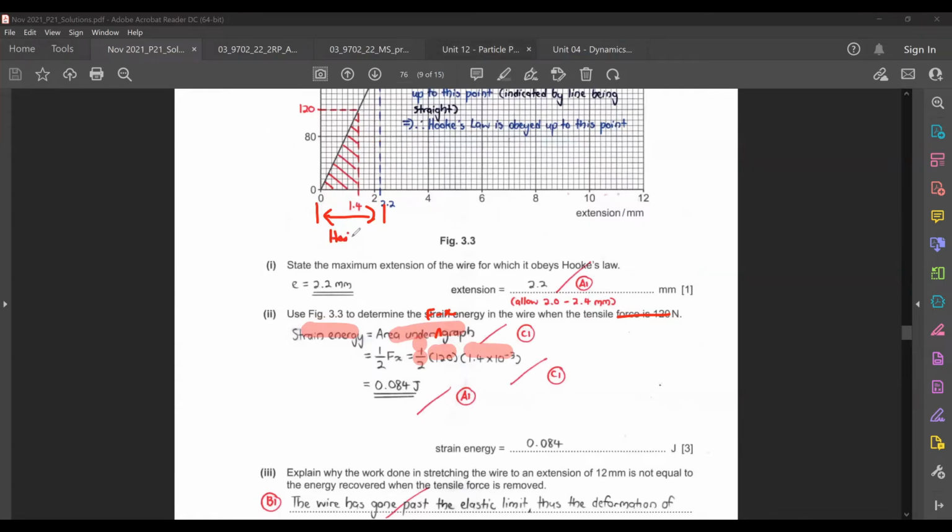This one to here, Hooke's law obeyed. Maybe I use a different color. This one up to here, Hooke's law not obeyed.